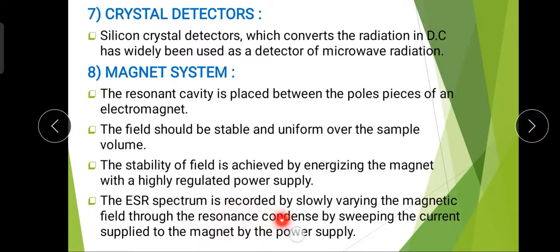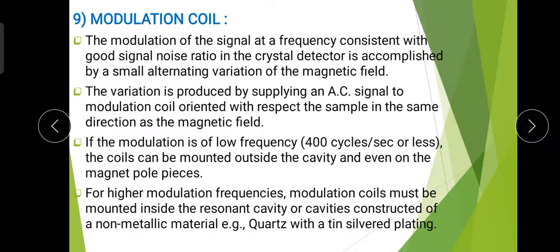The ESR spectrum is recorded by slowly varying the magnetic field through the resonance condition by sweeping the current supplied to the magnet by the power supply. That means if we vary the power supply, then there is a change in the current, and due to the change in the current there is a change in the magnetic field. So in this way we are able to change the magnetic field, but we keep the frequency at a particular value. So this is the magnet system for the ESR spectrometer.